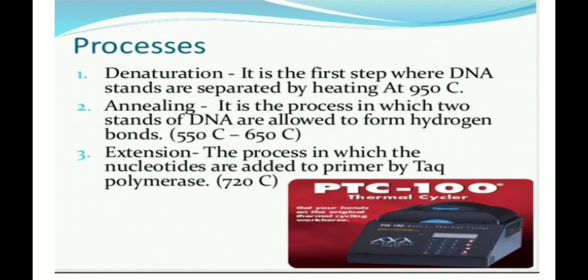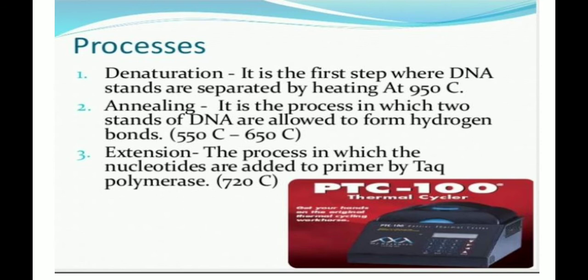The temperature of the reaction mixture is cooled to 45 to 60 degrees Celsius, or 55 to 65 degrees Celsius. Whatever mixture you heated in the first step at 95 degrees Celsius, in the second step you have to cool it. By that you get the reformation of hydrogen bonds, the annealing process, or renaturation process.